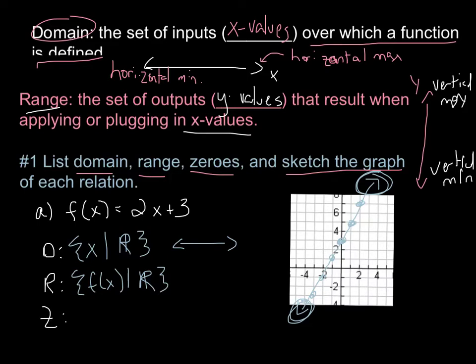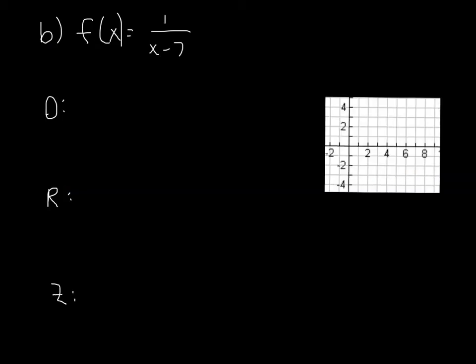And when you find the zeros, it's real easy. Just set your function equal to 0 and solve it. Works the same every time. And so the zero is x equals negative 3 over 2, or about negative 1.5. And if you'll notice, it crosses right here at about negative 1.5. That's the zero. Alright, let's kick it up a notch, shall we?